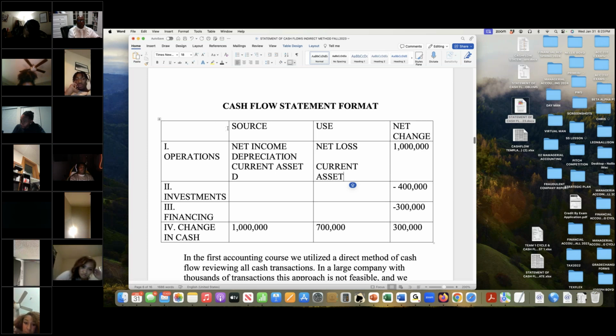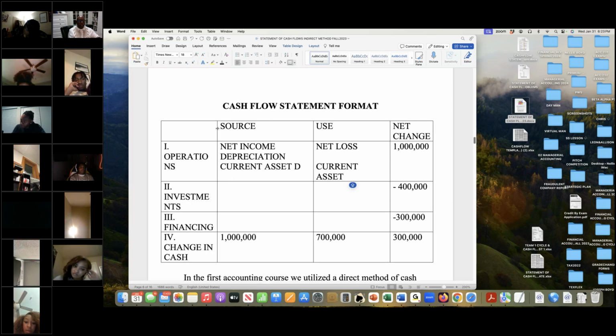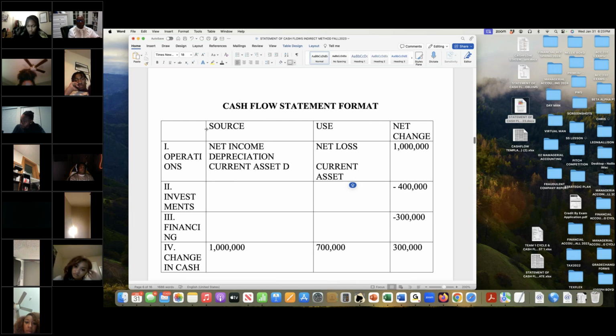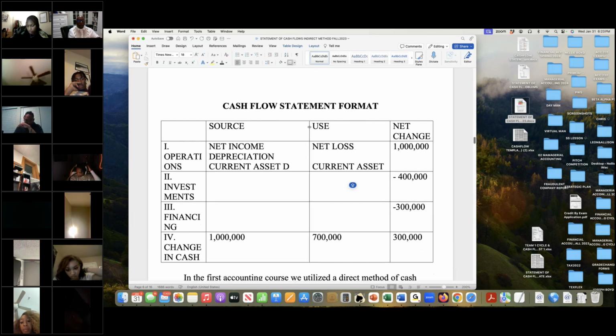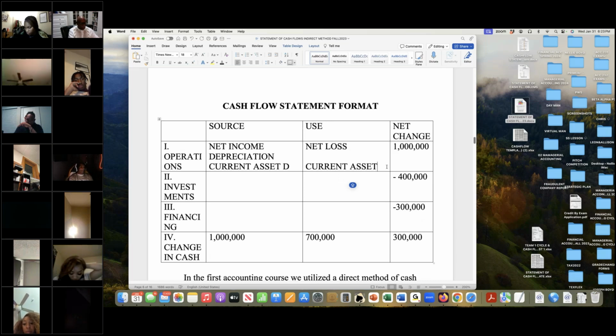If I can get these over here. So notice what's happening. If the current assets decrease, then you got some cash. If they increase, it's a use of cash. Then we look at the current liabilities.